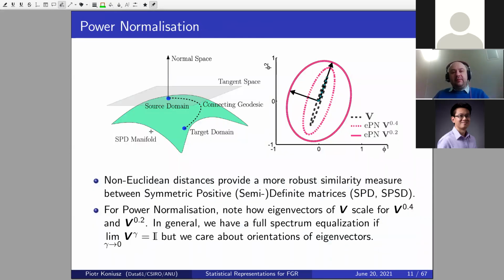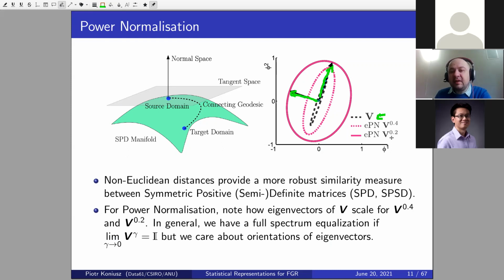Now, I wanted to explain what is the connection of second order statistics and power normalization to non-Euclidean distances. So in terms of power normalization on covariances, the idea is very simple. When we have some covariance V and we raise it to a power below 1, for instance, 0.4, what happens is that the eigenvalues start being equalized.